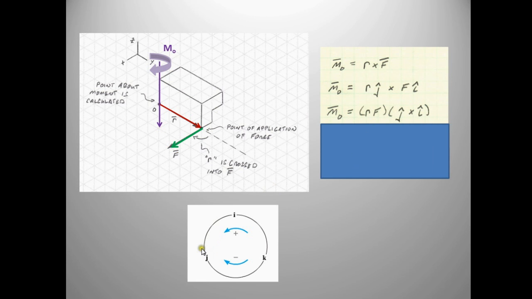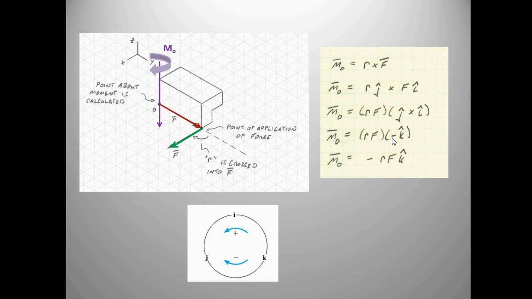Now I come down here and I look at j crossed into i, but I'm going in the clockwise direction, so it's going to have a negative value, a negative k. So we find out that the moment about point O has a magnitude of rF, and it's in the negative k direction. Of course, I can write it that way, with negative rFk being the way you'd probably typically see it represented.